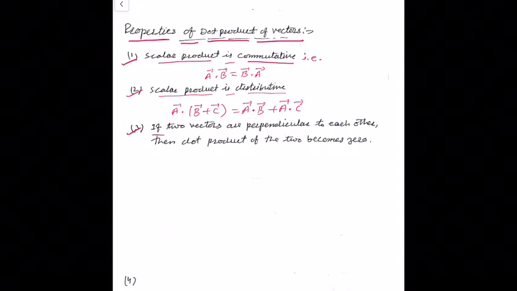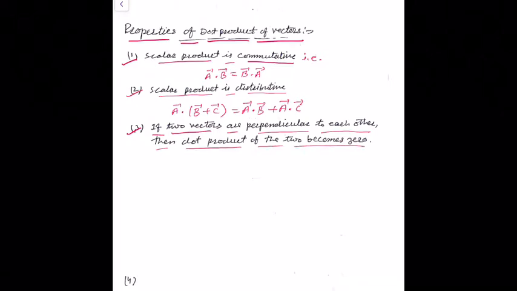Third property, if two vectors are perpendicular to each other, then the dot product of the two becomes 0. That is, A vector dot B vector is equal to 0.